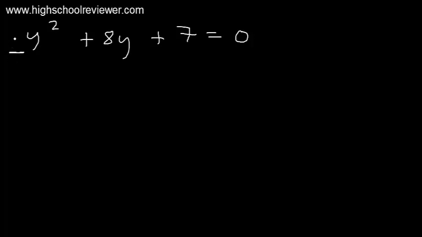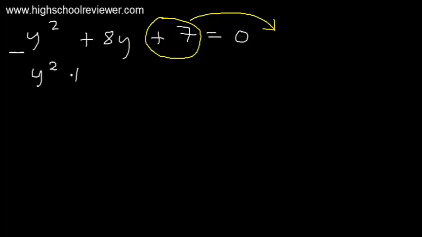Since there is none, we can now proceed. First, we need to transpose the last term of our equation to the other side. So we need to transpose positive 7 to the right side. What will be left on the left side will only be y squared plus 8y. This will be equal to 0.